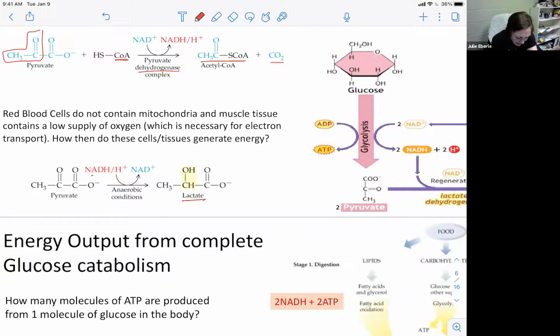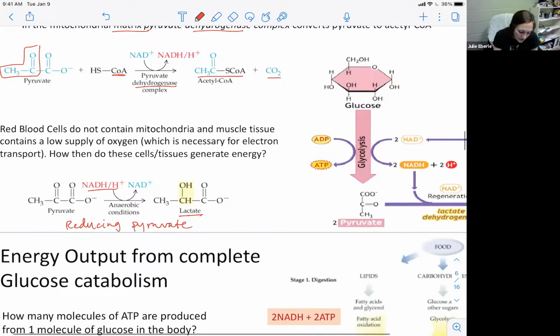So we're going to take NADH, we're going to rip the hydrogens back off of NADH, we're oxidizing NADH, and we're reducing pyruvate. Okay, we're reducing it to lactate. And in the highlighted part, you see the carbon that did have a double bond to oxygen now has an OH group.